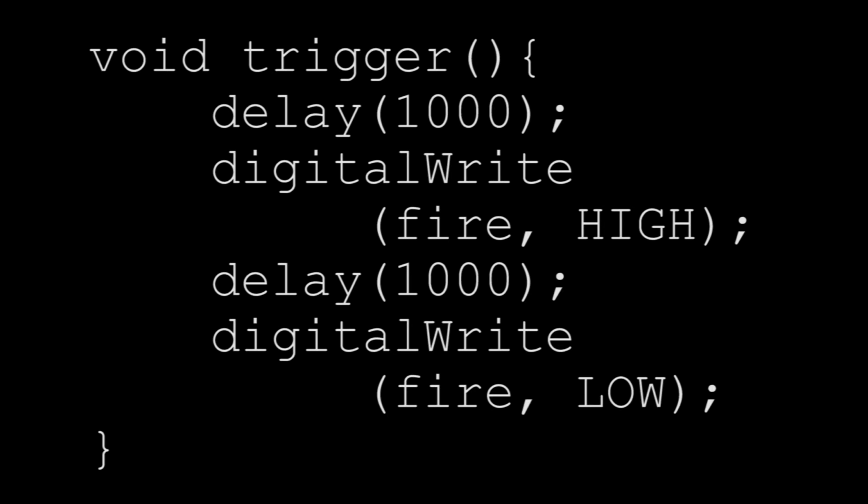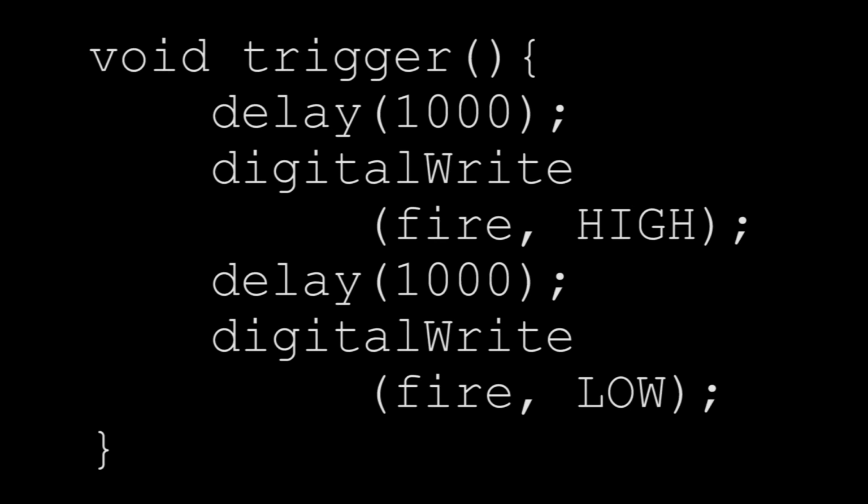The settling time can be increased or decreased by changing the figure 1000 that is set in the delay functions. The digital write commands switch the fire pin to high to trigger the camera shutter, and then to low again so that it is ready to fire again next time.